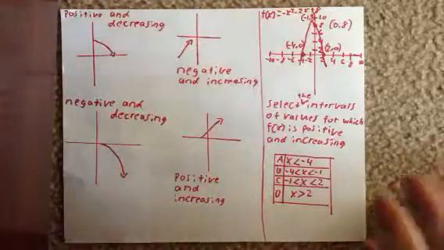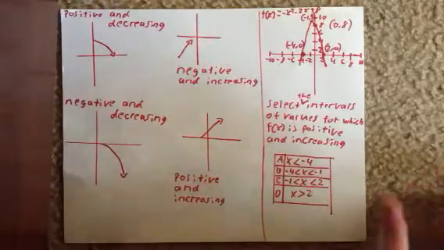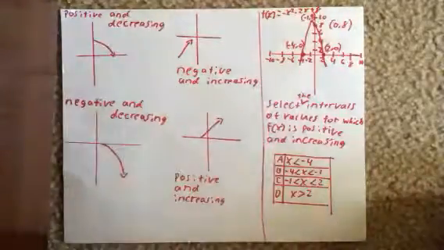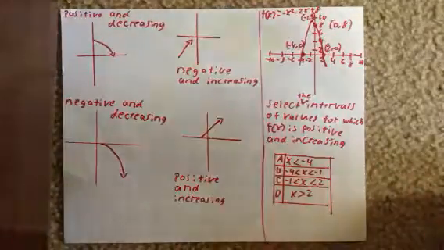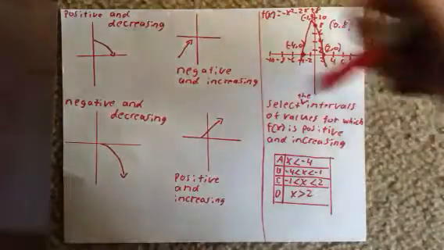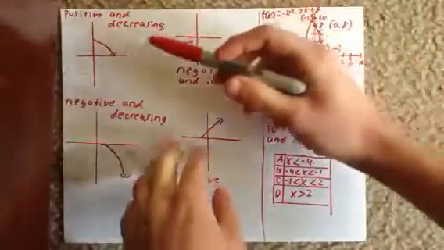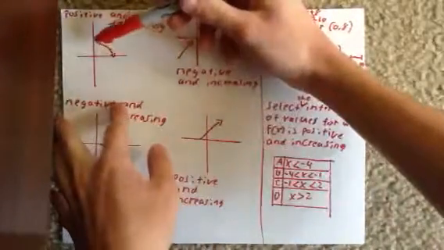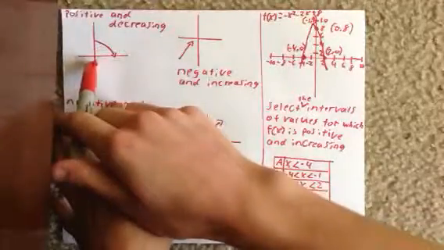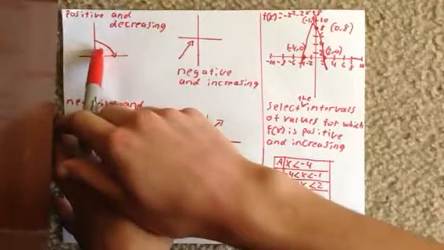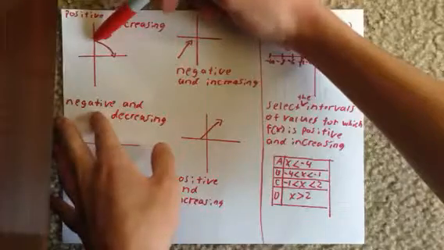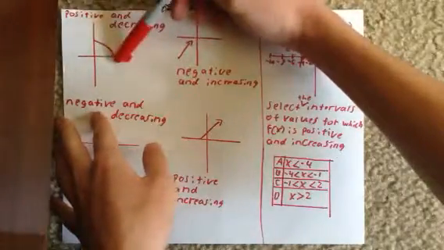When we have a quadratic, there are four possible ways we can define what we are seeing. The first is positive and decreasing. That is when the quadratic is above the x-axis, so the y value is positive, but it has a downward slope, a negative slope.